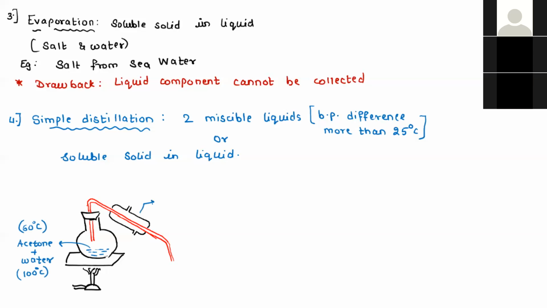This is called a condenser, where there will be water in, and from here water out. There will be a collector over here. It can be a beaker or a conical flask.